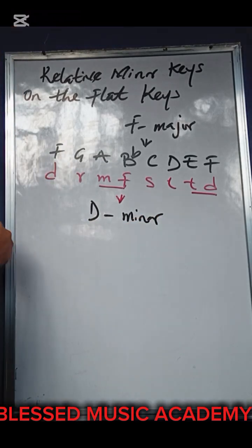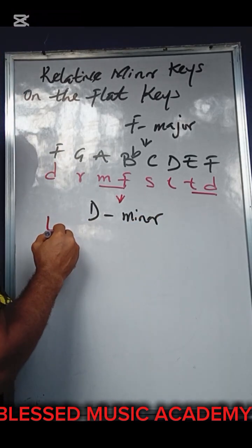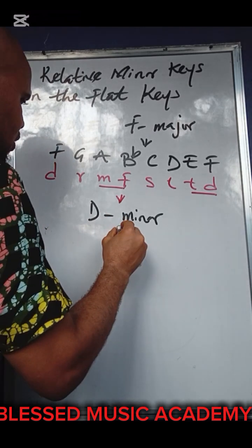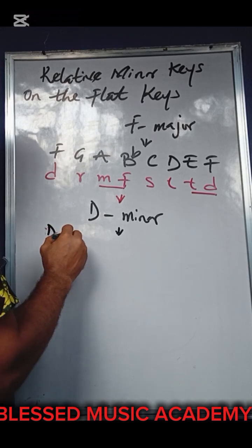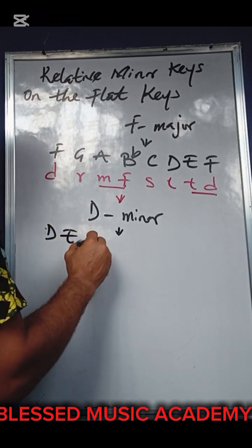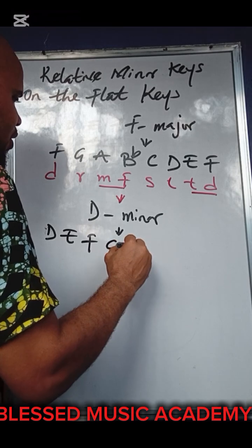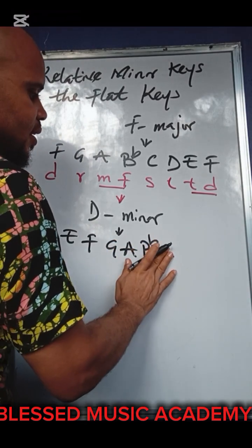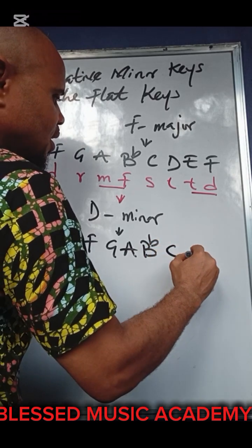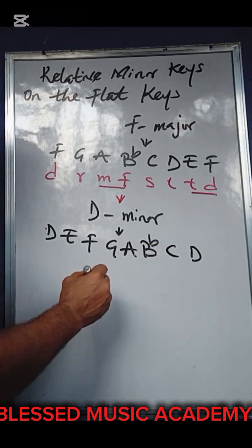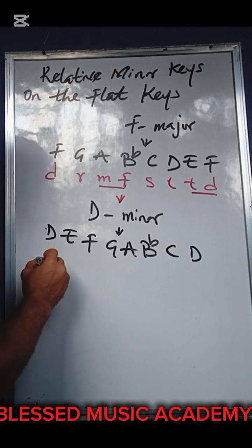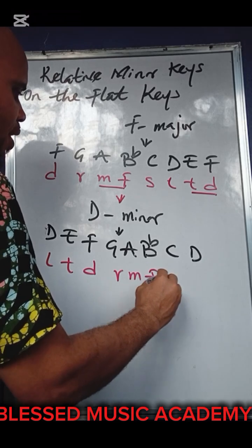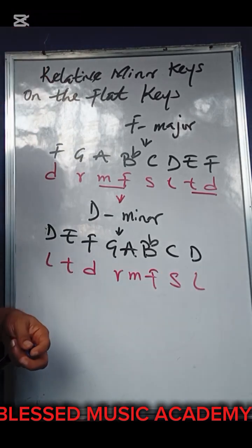So it will start from D: D, E, F, G, A, B flat, C, and D. This is the same thing as la, ti, do, re, mi, fa, sol, la.